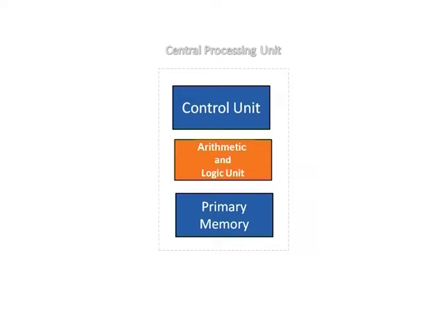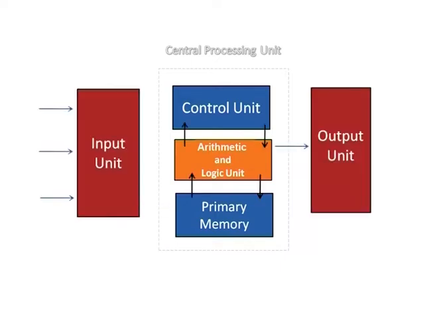The CPU tells the input unit when the information is to be read into the memory unit, tells ALU when the information from the memory unit should be used for arithmetic or logical calculations, and tells the output unit when to send information from memory unit to the attached output devices.